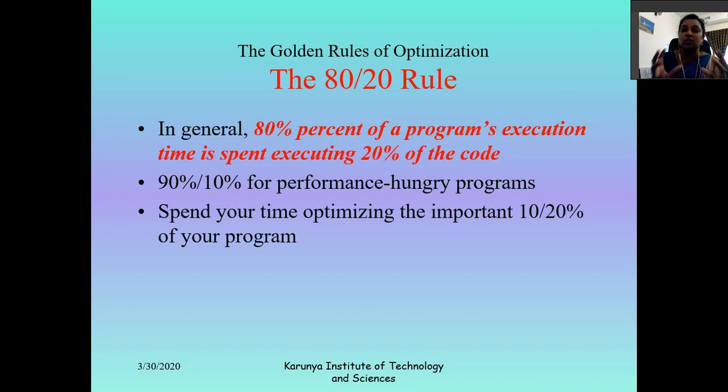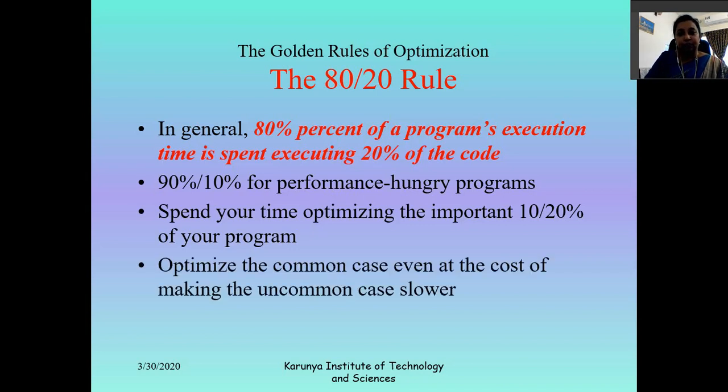And what is this 10-20% about? It is mostly the execution of the loops in our program. So spending our time to optimize either the 20% or the 10% of the code, or in general a minimum portion of the code, will help us improve the execution time of a program.